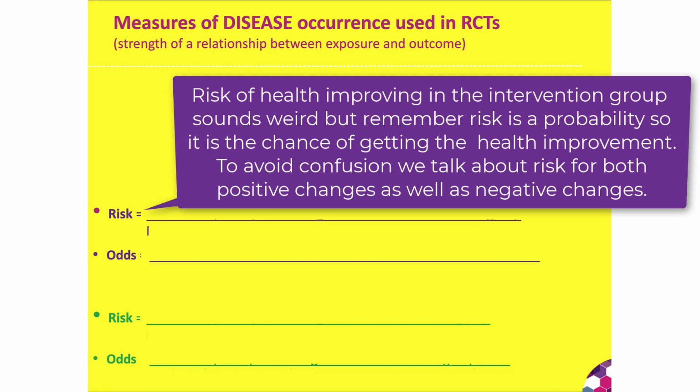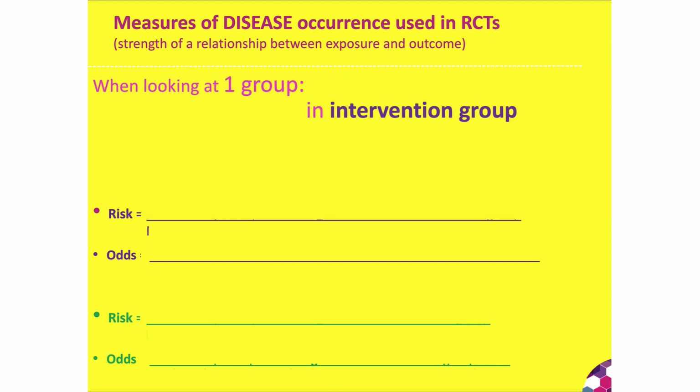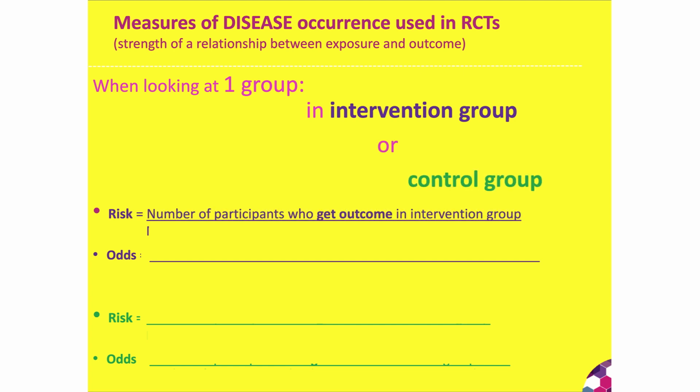So if we look at risk, either looking at the intervention group or the control group, then risk in the intervention group is the number of participants who get the health outcome, for example, normal blood pressure in the intervention group, divided by the number of people exposed to the intervention at the start of the research study in the intervention group.